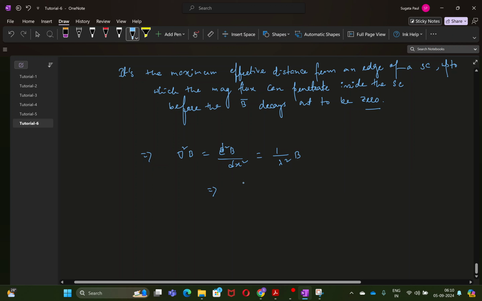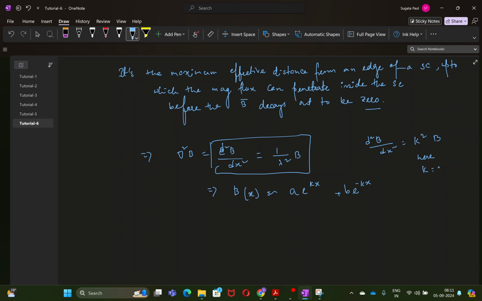You know that this kind of expression has a standard solution, where lambda is in this case a constant. The standard solution is B(x) equal to A e to the power of kx plus B e to the power of minus kx, if your expression is d2B/dx2 equal to k squared B. Here k equals 1 by lambda.